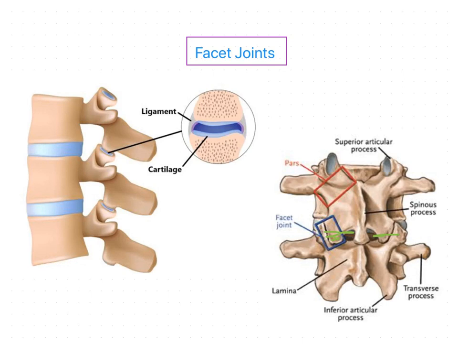These processes are located on the back of the vertebrae, connecting the adjacent vertebrae. If you take a mobile segment, this one is the superior and this one is the inferior part of the mobile segment.